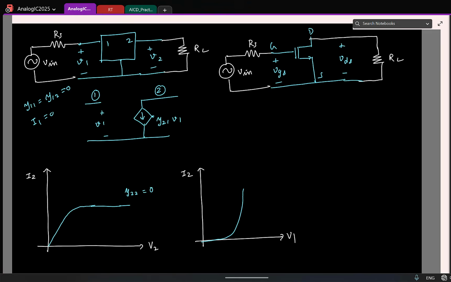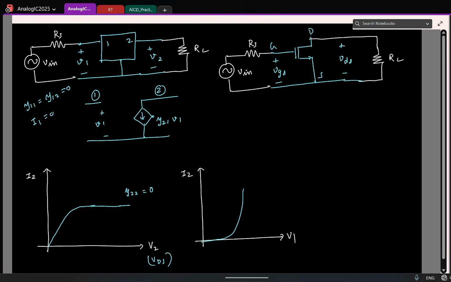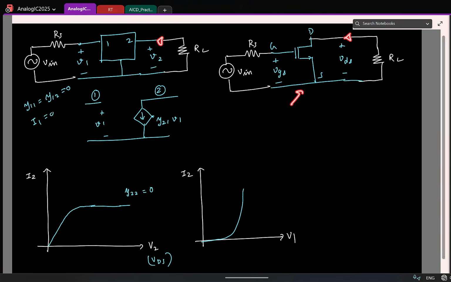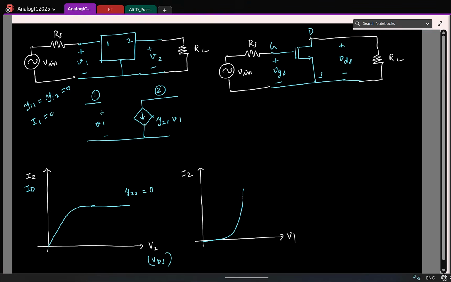So in the characteristics, where I have V2, I'll replace it with VDS. And the current at the second terminal, what is that current in a MOSFET? I2 is what here? ID, the drain current. So hopefully you remember. This is the drain current, and V1 is VGS.